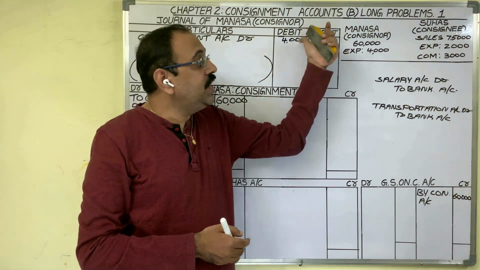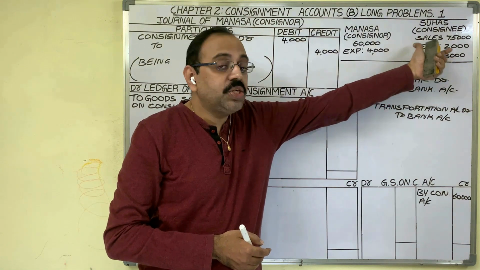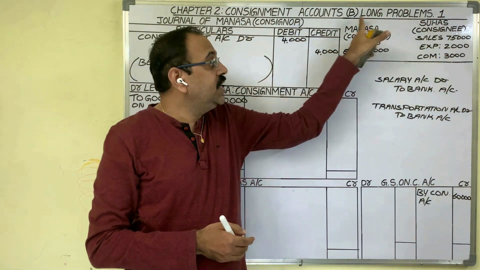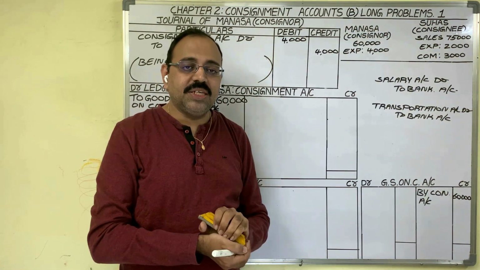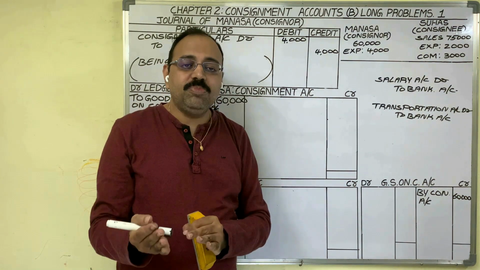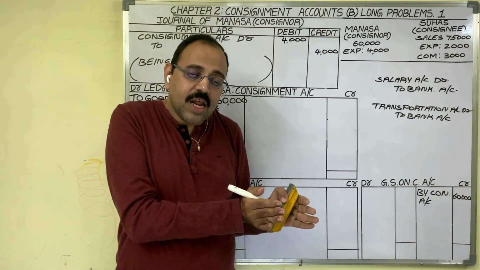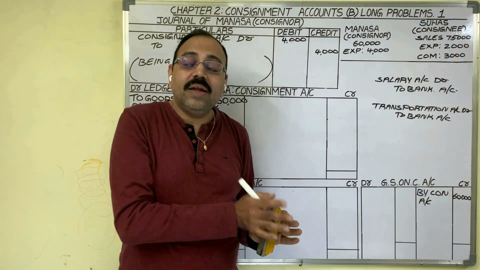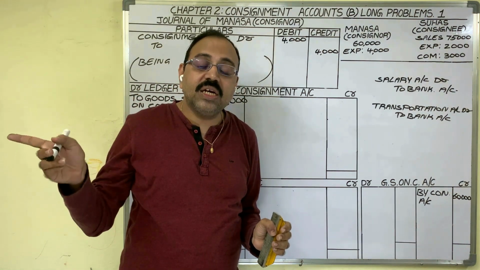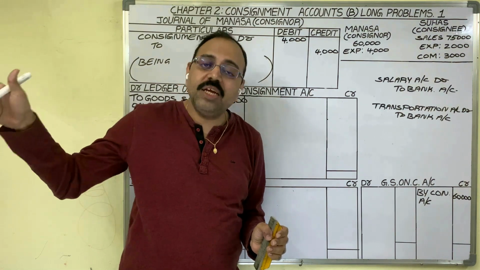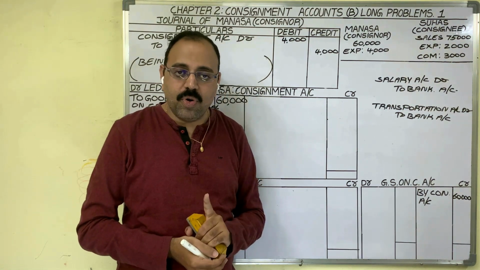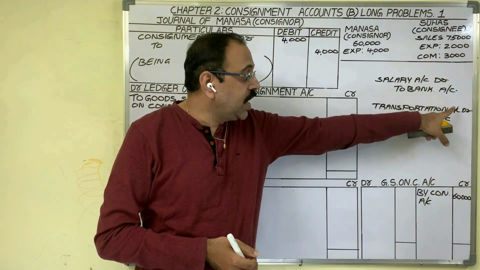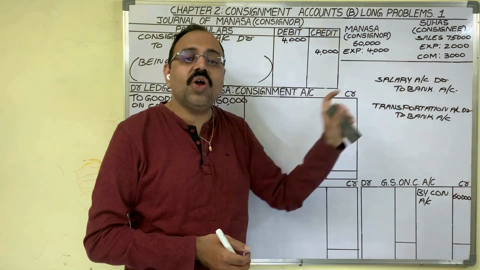While sending goods on consignment basis to another area, she incurred transportation expenditure. So there is a difference between our Hyderabad business related transportation expenditure and the expenditure incurred for transportation in consignment business. Therefore, writing transportation account debit to bank account is wrong.